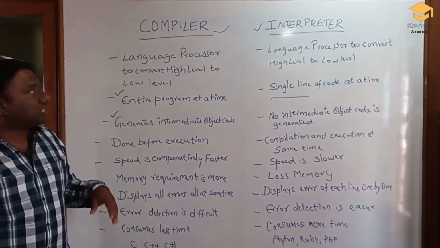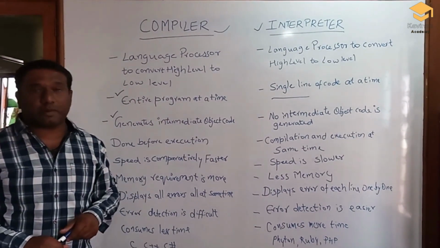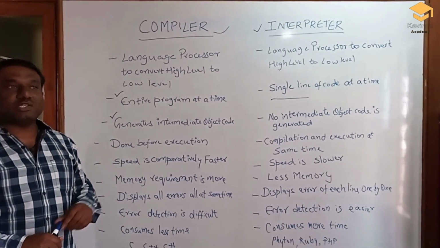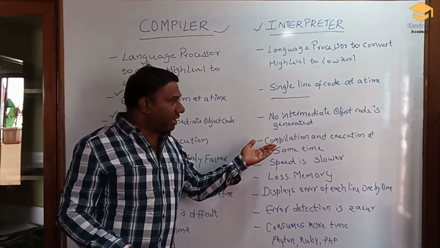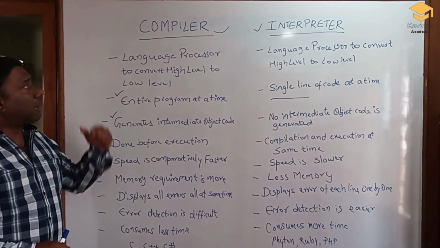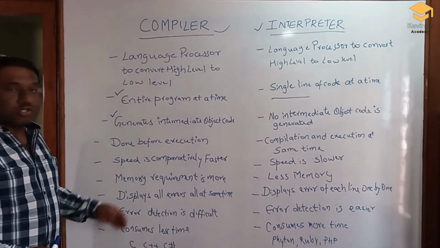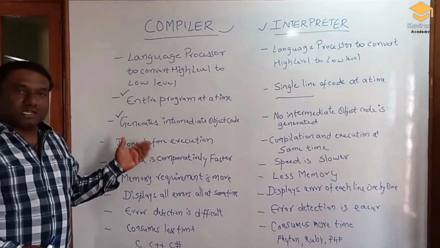Now we are going to see where we use a compiler and where we use an interpreter. In some programming languages a compiler is required, and in some we use an interpreter. So what are the popular programming languages where a compiler or an interpreter is used? A compiler is used in C, C++, C sharp.